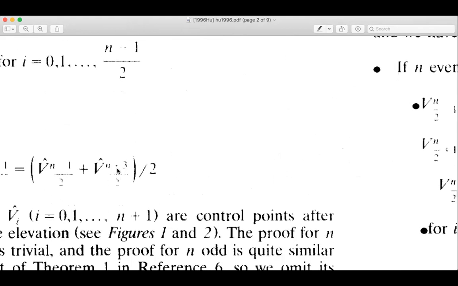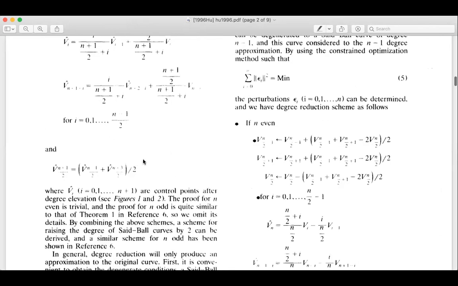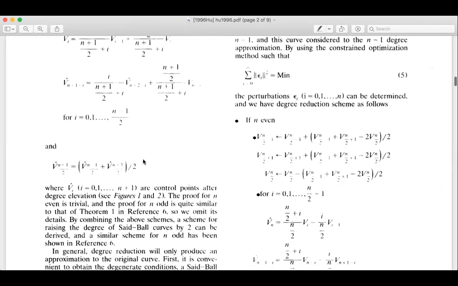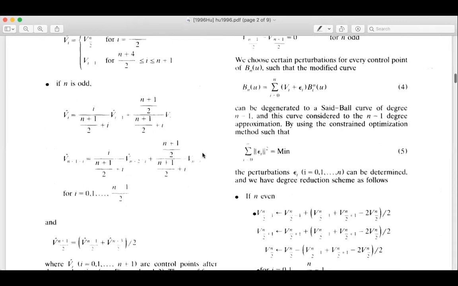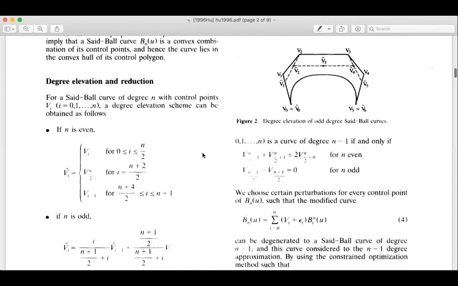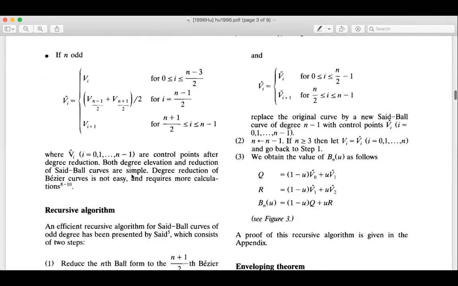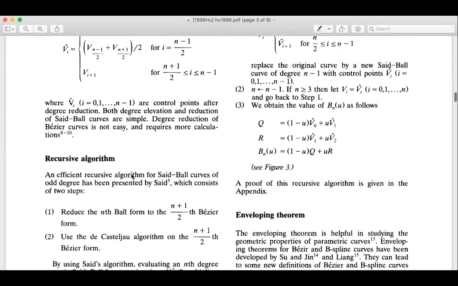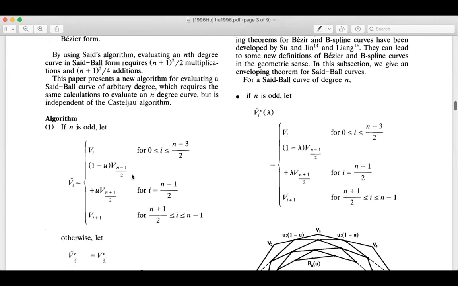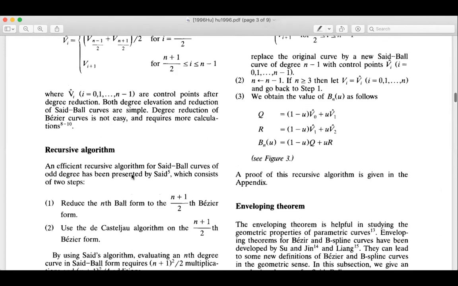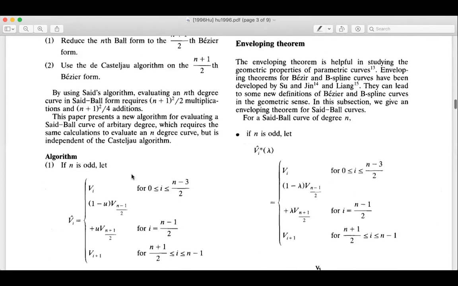But you can see that it is difficult to guess what it means, so we cannot check the correctness of this paper. Not only for the degree elevation, but also for the degree reduction as well. But we can do this one, the recursive algorithm.